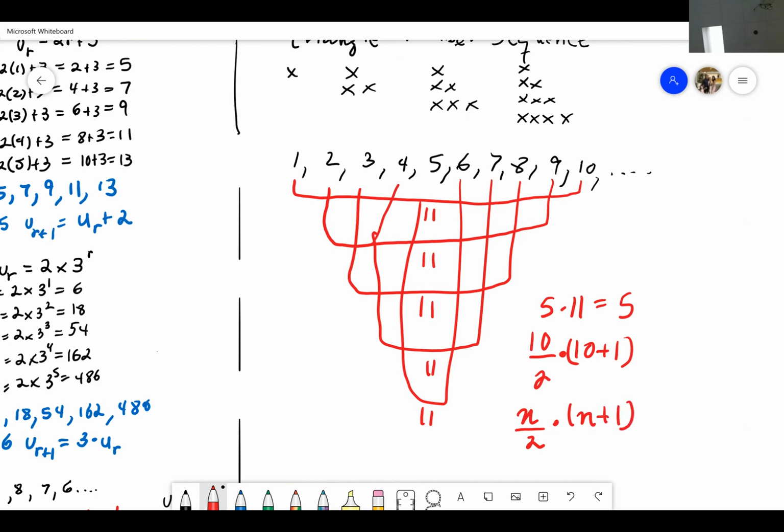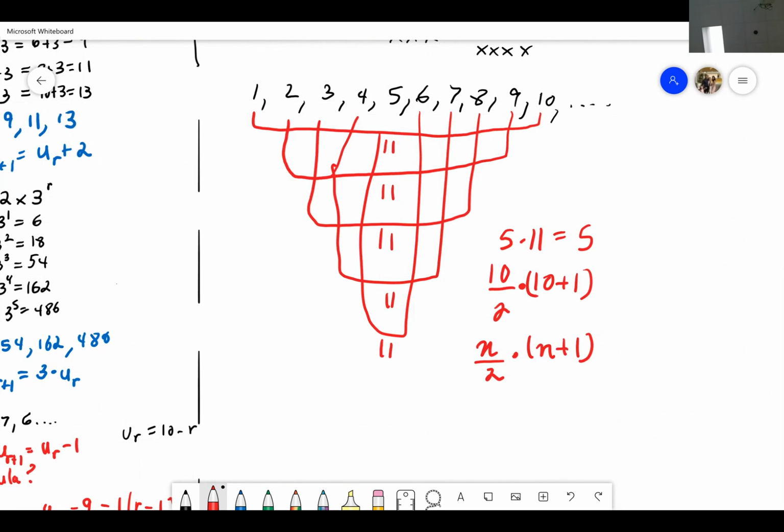So let's test this, because I want to test this formula I just made up. I take 10 divided by 2, which is 5, and then times 10 plus 1, 11. So maybe my formula is n divided by 2 times n plus 1.